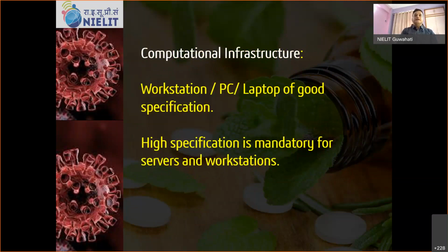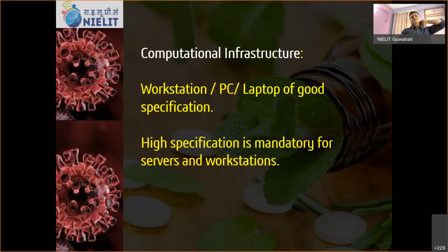Now the big thing is the computational infrastructure, what you need for starting bioinformatics work. Those who have not started yet may be thinking it will require very high computational power, very high-spec PCs, very hi-fi systems. That is absolutely not correct. With a simple PC also you can start working.